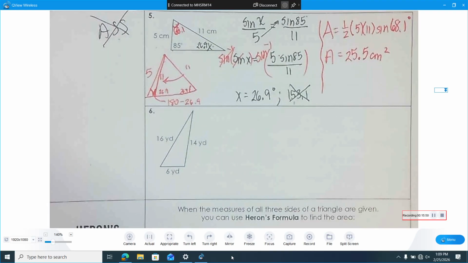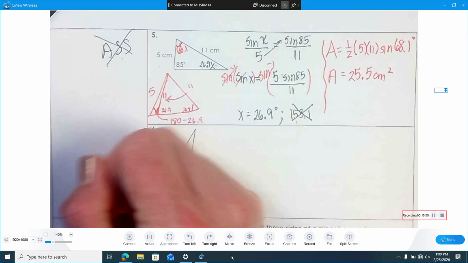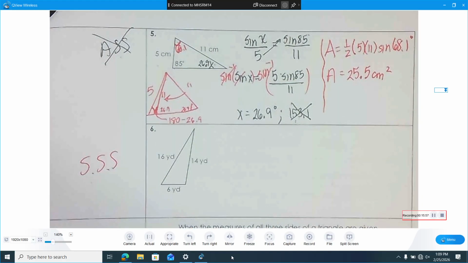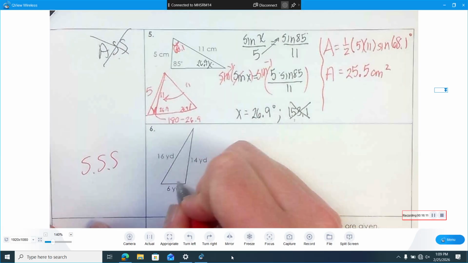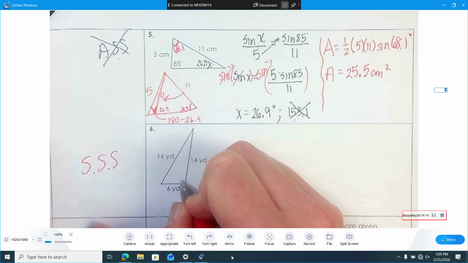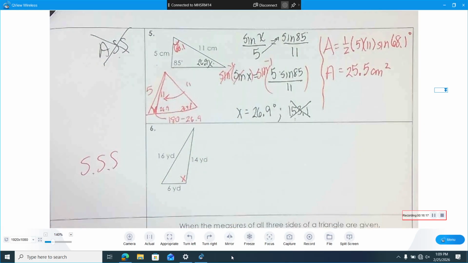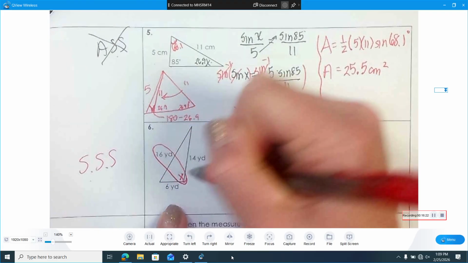Let's look at number 6. Number 6, they gave us side info. So I need an angle measure in order to use my fancy little area formula. Oh, so I can just label an angle. All right, I can just pick one. Let's pick this one. So I want to find this angle, and so I have my angle and my opposite side like that.